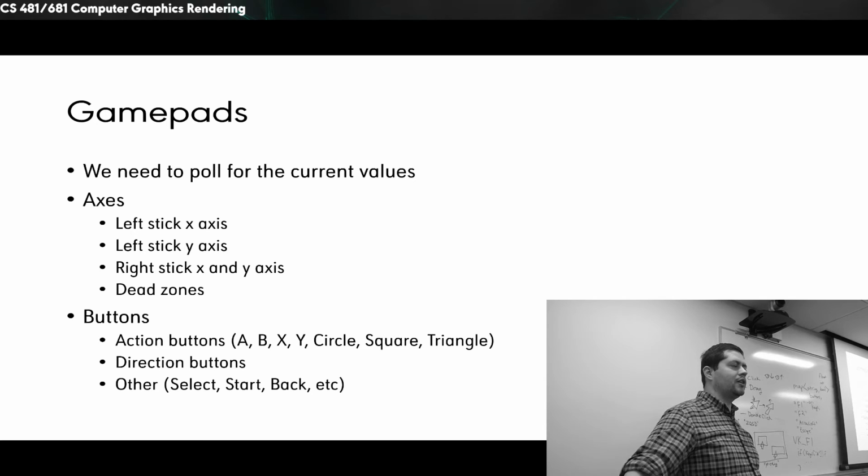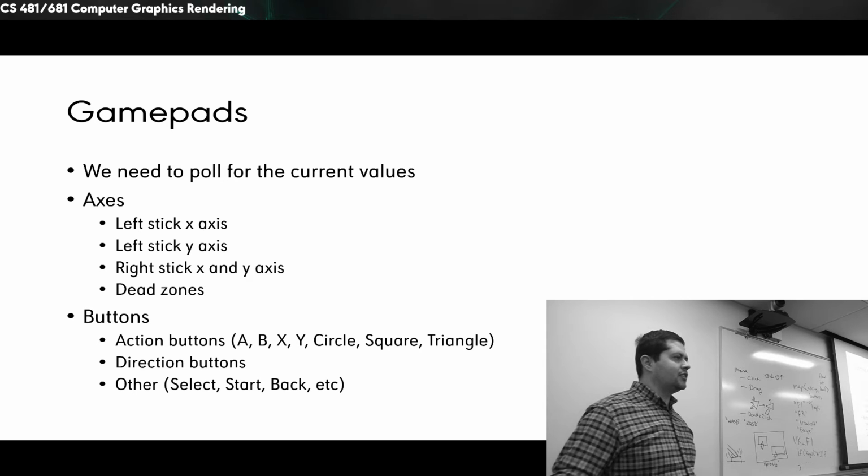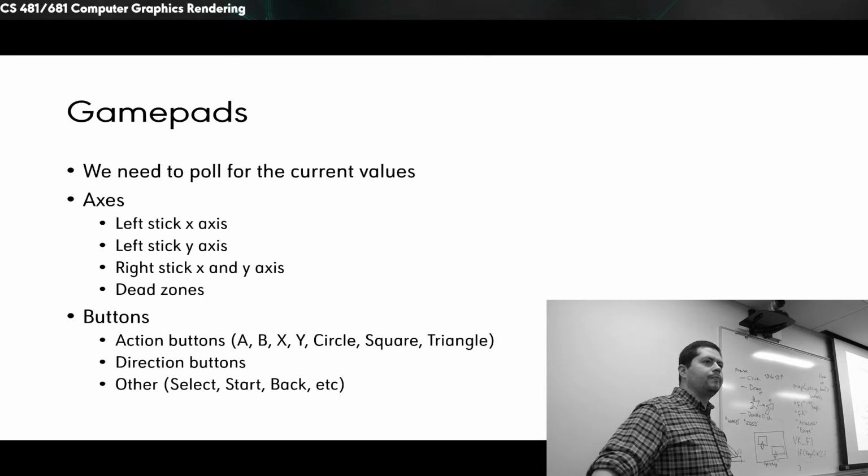If you press the main button, what should that do? Should that exit the game? There's norms, right? So gamepads, mice, keyboards, you just have to study how things are used so they feel familiar when somebody's using your program. Anybody try to use a program that used non-standard controls?